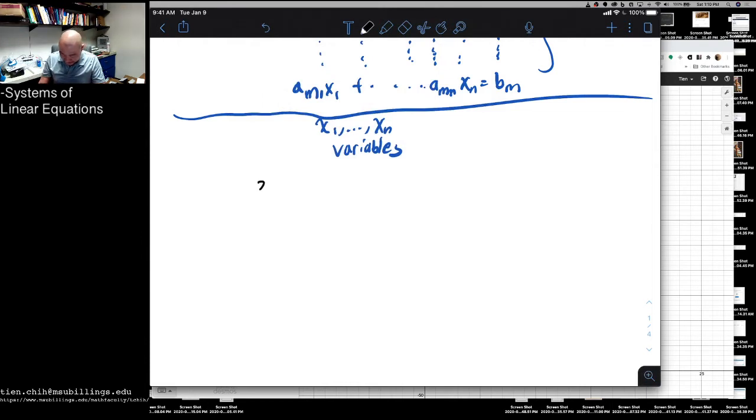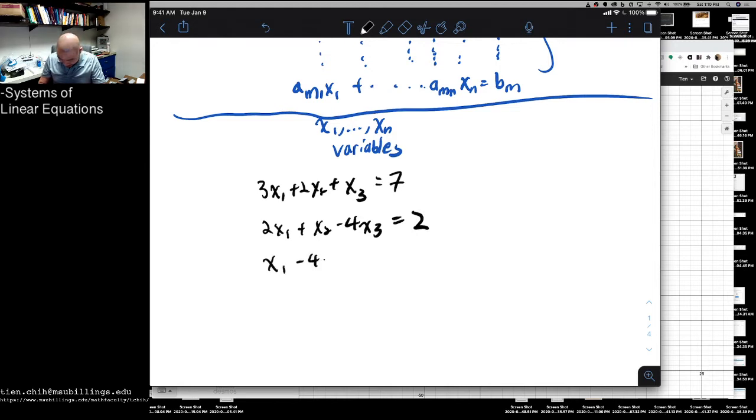So maybe something like 3x1 plus 2x2 plus x3 is 7, 2x1 plus x2 minus 4x3 is 2, and maybe x1 minus 4x2 plus 3x3 is negative 1, say.